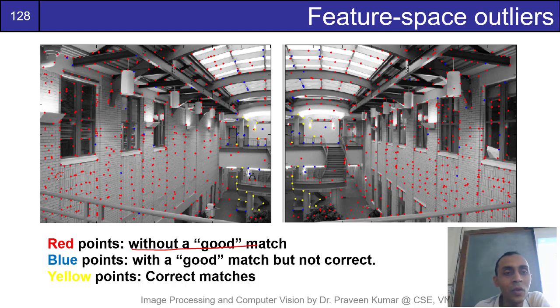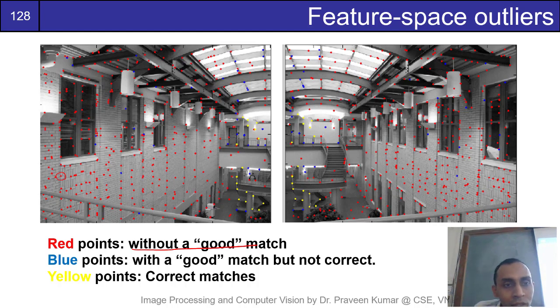This patch, for example, can land on any patch around here. So first of all, your detector should not detect these as key points itself. Ideally, it should not detect them, but you cannot avoid it. You may end up getting some of those problem points, and in that case, the matching will always be ambiguous.